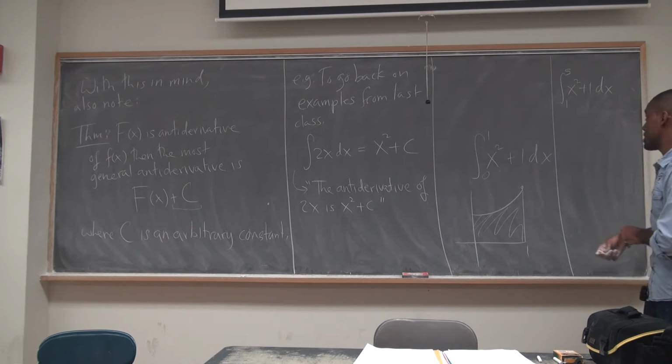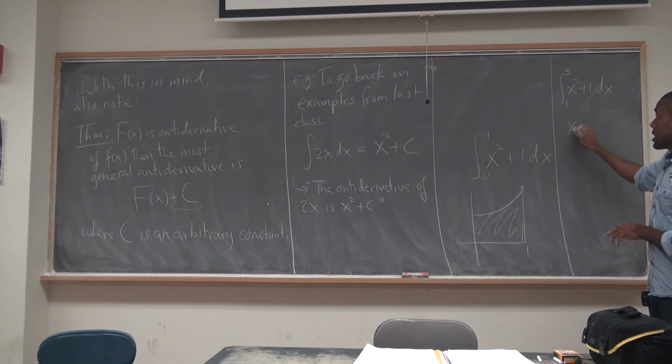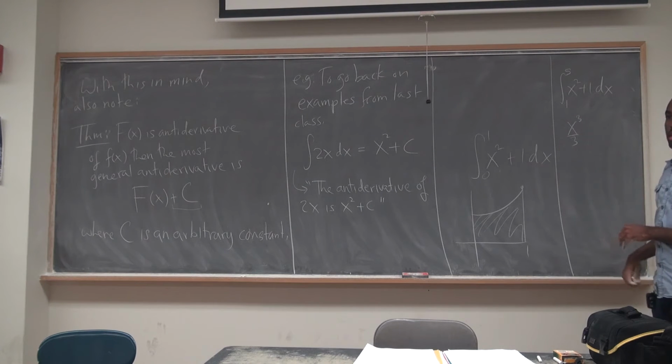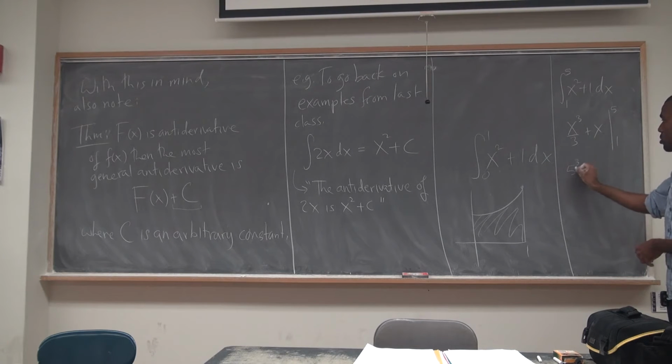Next time we're going to realize that the antiderivative of x squared is actually x cubed over 3. Notice that if you differentiate this, you get that. The antiderivative of 1 is x. Differentiate x, you get 1. According to the fundamental theorem, you're going to take F of the upper limit, 5 cubed over 3 plus 5, which is big F of 5, minus the lower limit, 1 cubed over 3 plus 1, which is big F of 1.